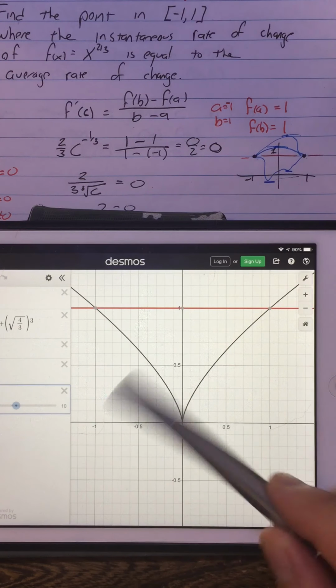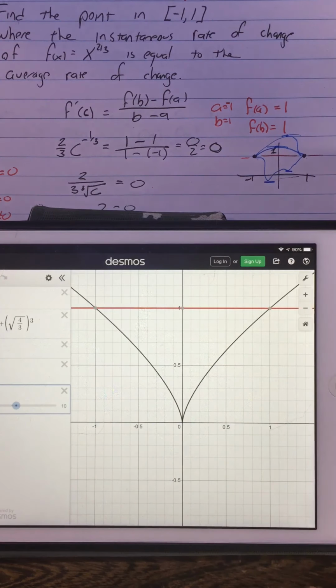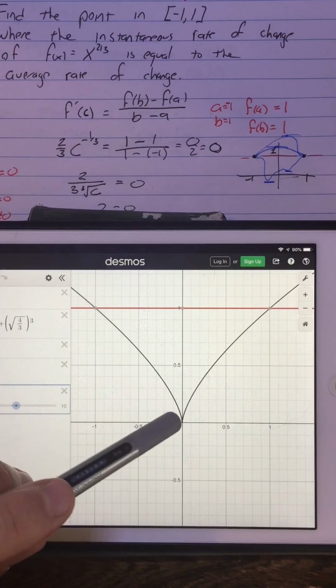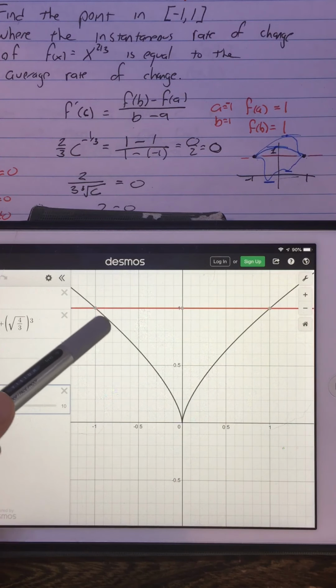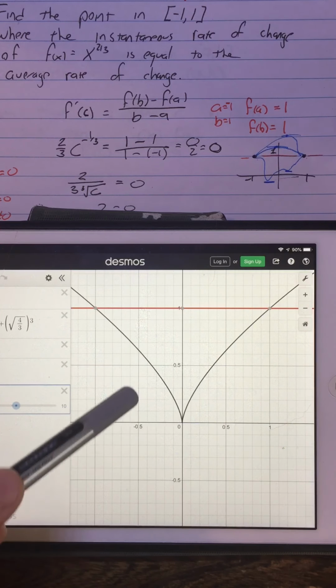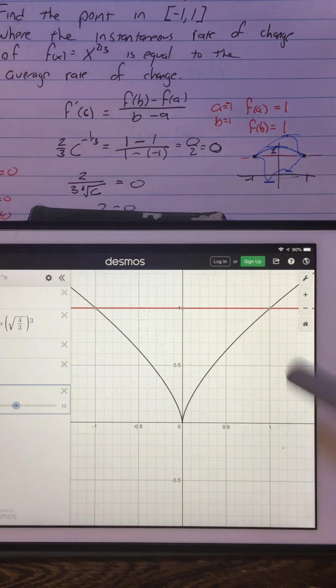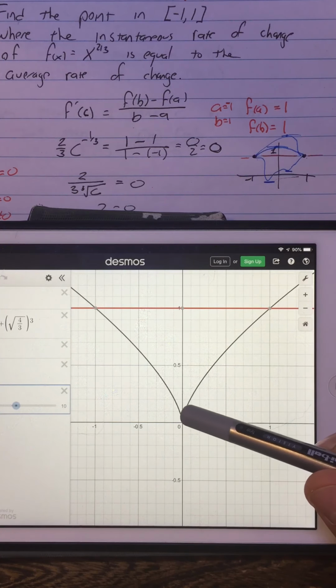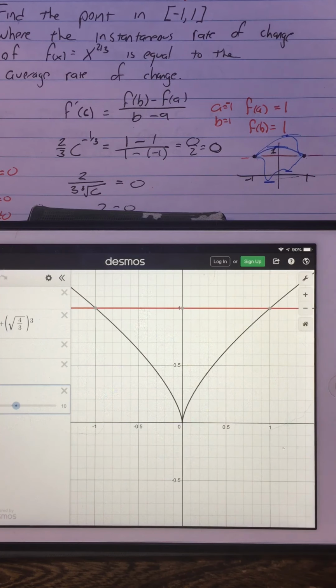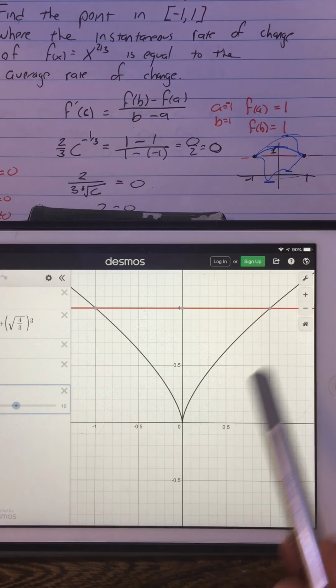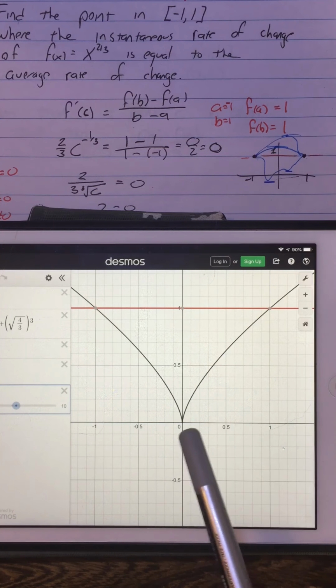Do I ever have a tangent line that's parallel to that? No, because whenever x is less than 0, I can see that the tangent line is going to have a negative slope. In fact, f is decreasing. Whenever x is greater than 0, I have a positive slope. And there's no point here where there's a 0 slope, because at x equals 0, there's no tangent line at all.